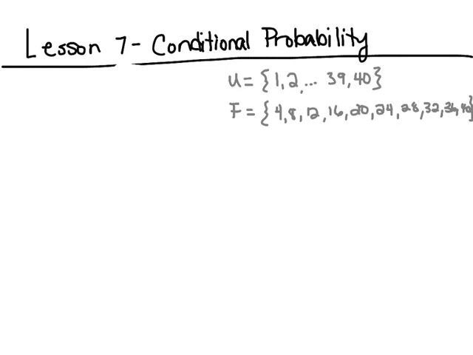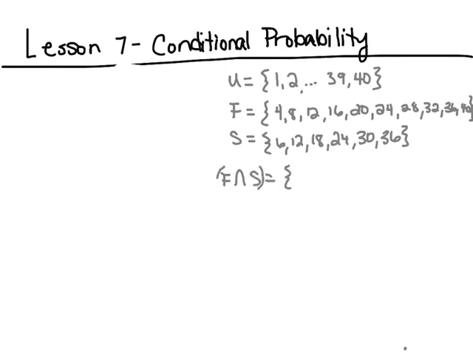And we have all of the multiples of 6, which is S. We can say is 6, 12, 18, 24, 30, 36. We have F and S, so the numbers that are in both a multiple of 4 and a multiple of 6, which are 12, 24, and 36.